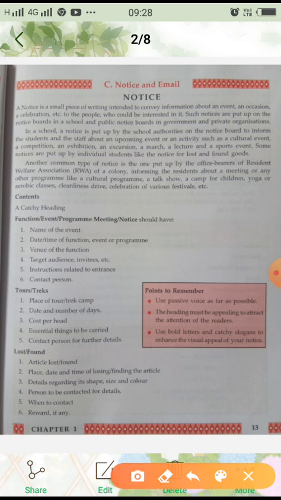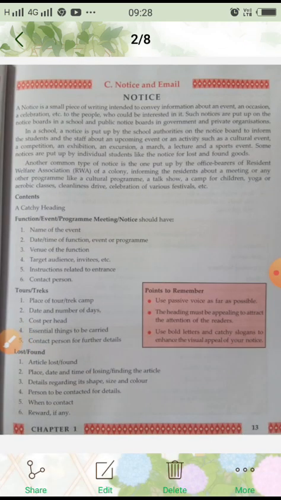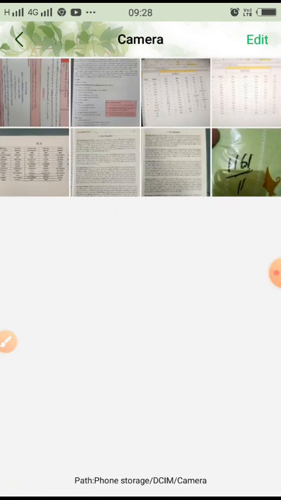The second point is the name of the event. So what is the name of the event? Suppose which program is there? Any Diwali celebration, dance competition, writing competition, debate competition, or any holy festival to be celebrated. So the name of the event you have to keep in mind, and that has to be written in the notice.